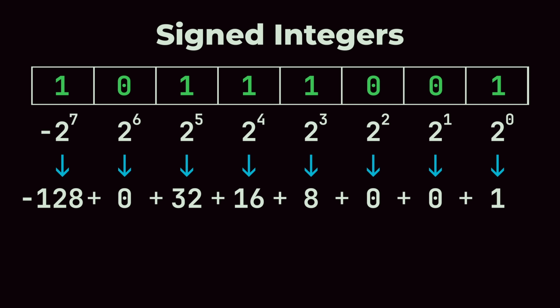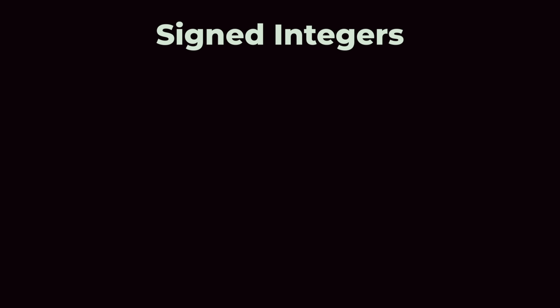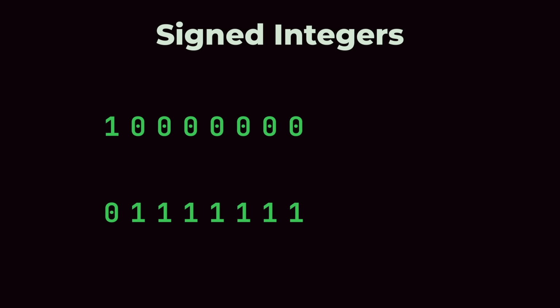Now, if we add all the values up, we get minus 71. And in this format, if we have 8 bits like this, we can store the numbers from minus 128 to 127. And again, if we use more than 8 bits, we can store a wider range of values.